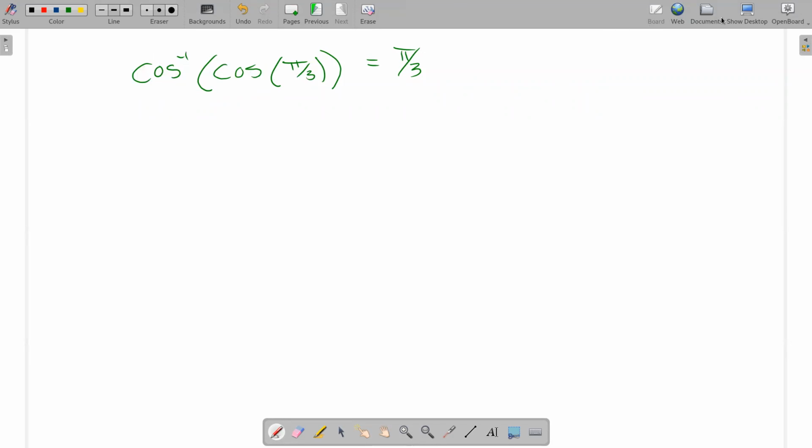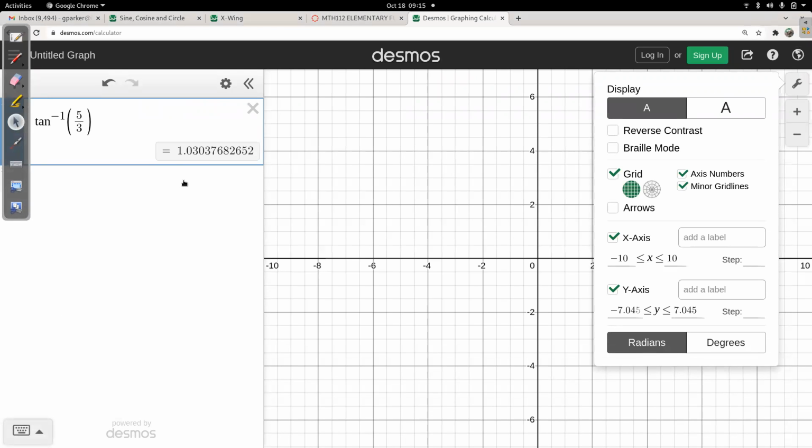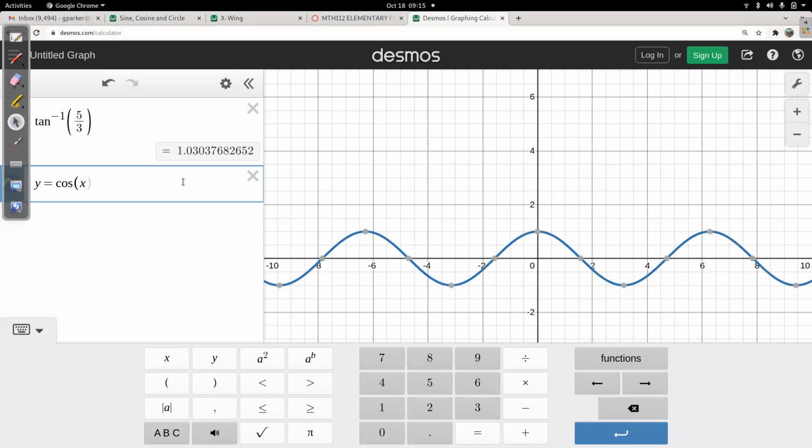And just a reminder about that limited range, if we switch back to radians, things graph correctly. If we look at y equals the cosine of x here, the problem with this function is it keeps oscillating like this forever and it doesn't pass what's called the horizontal line test.